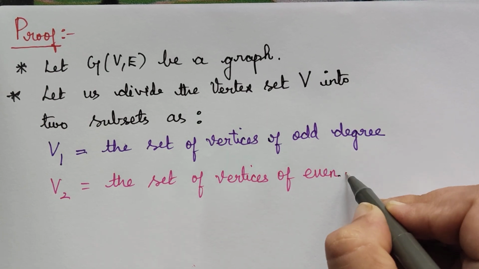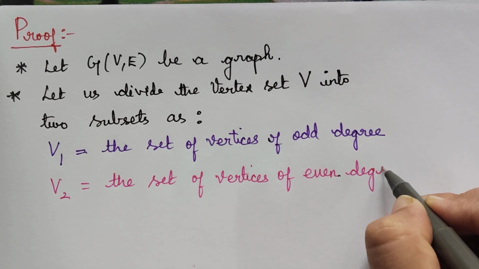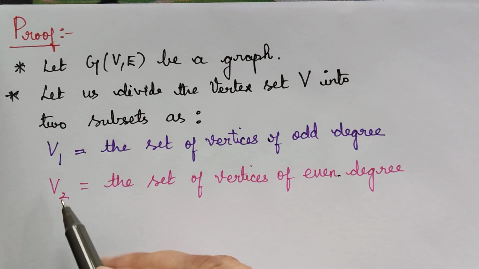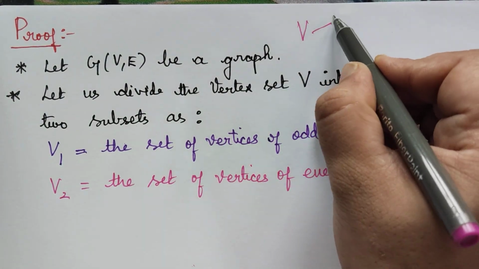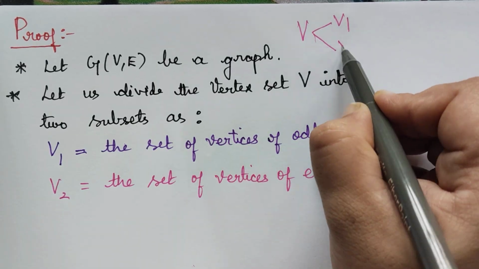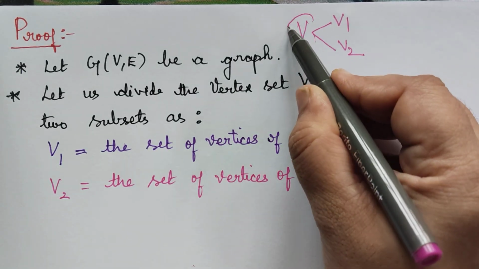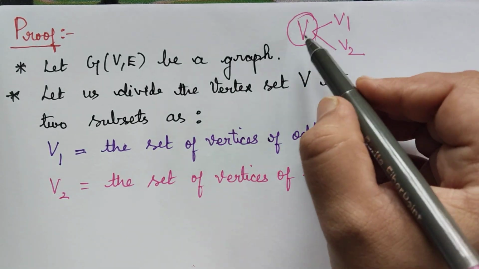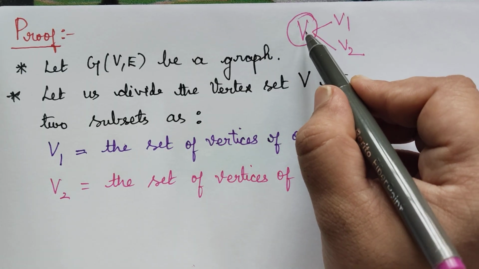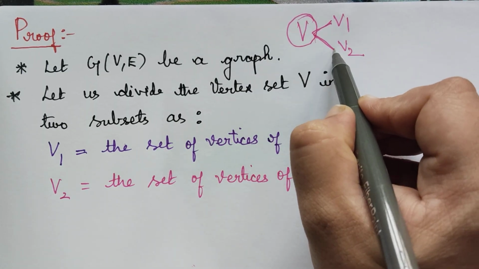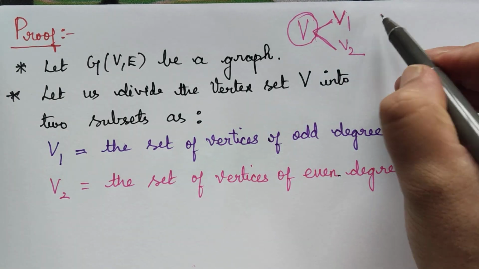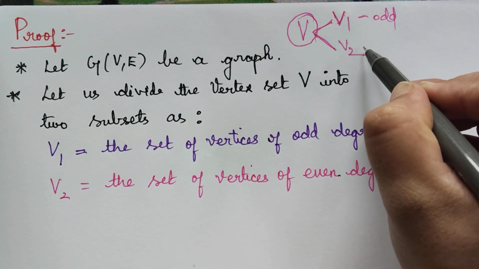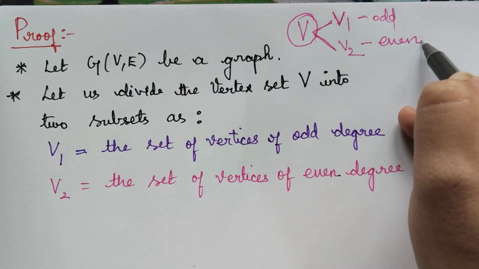So all the even degree vertices will come into the set V2. So we are splitting this V as V1 and V2, two different sets. Here we have all the vertices of this graph G, and we are splitting it as two sets: V1 as odd degree vertices and V2 as even degree vertices.